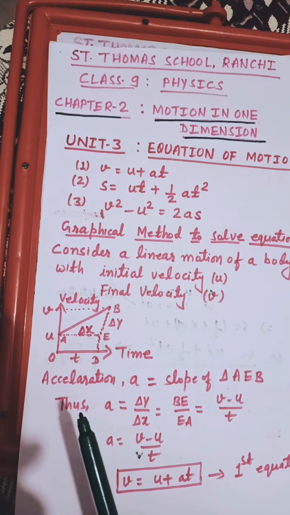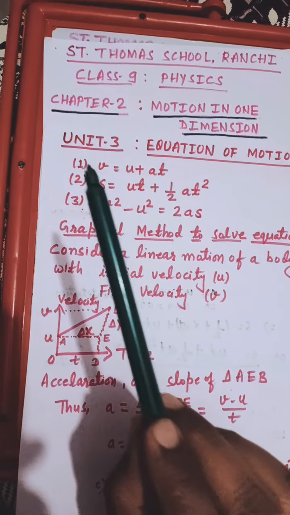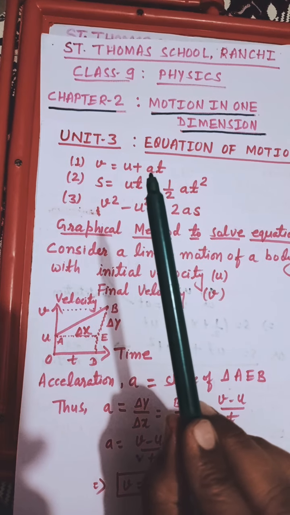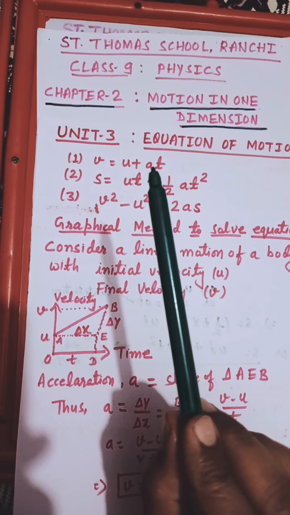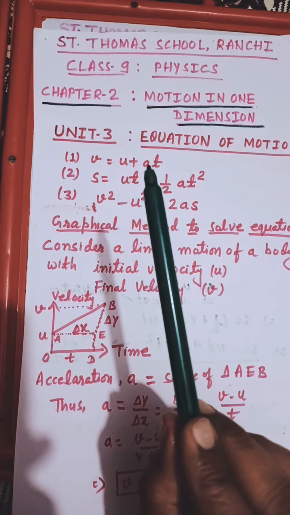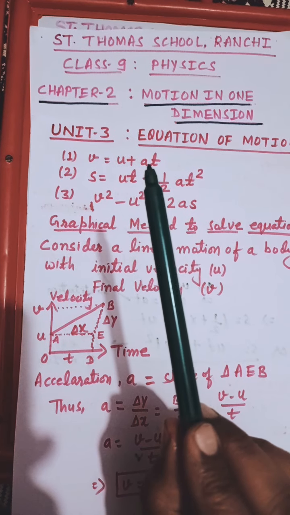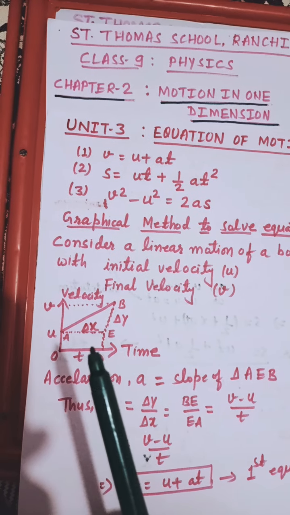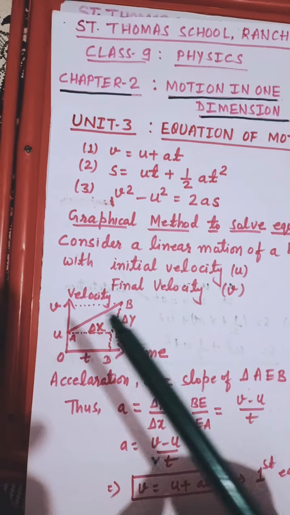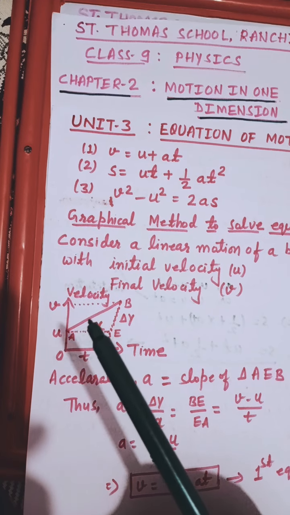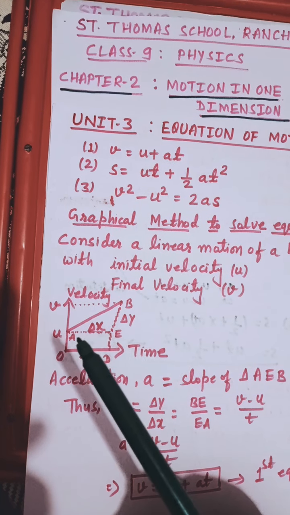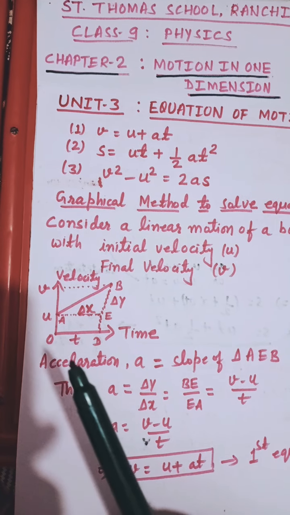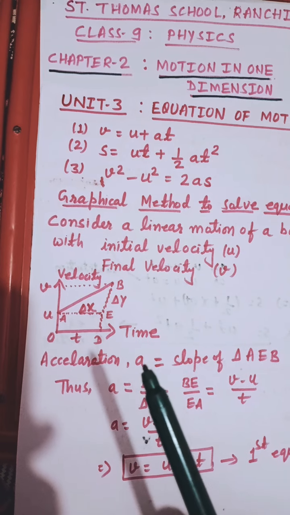First we derive the first equation, v is equal to u plus at. If we resolve this equation, we have to find the acceleration, a is equal to v minus u by t. We are going to derive this formula with the help of this graph. To derive the acceleration, we are going to find the slope of this triangle AEB, and when we find the slope of this triangle we can find the acceleration.